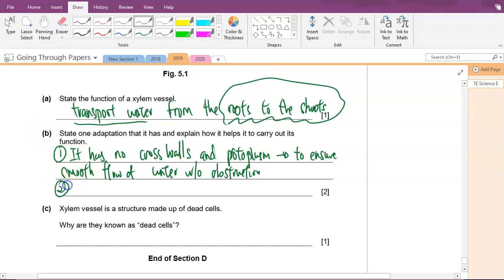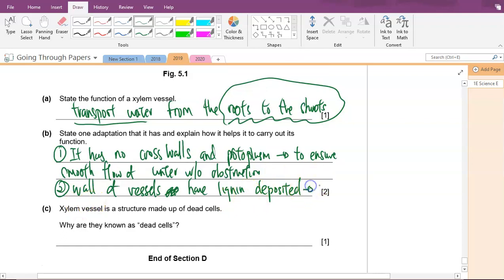But there's another adaptation. We do know that the xylems are actually filled with lignin. What do I mean by filled with lignin? You all remember that the walls of the vessels have lignin deposited. Lignin is a substance that helps to strengthen the walls.